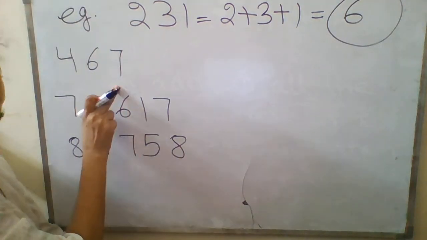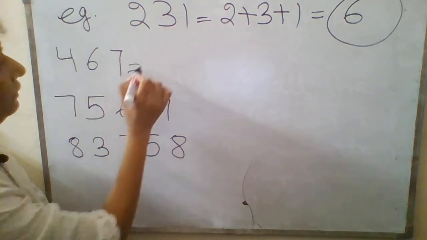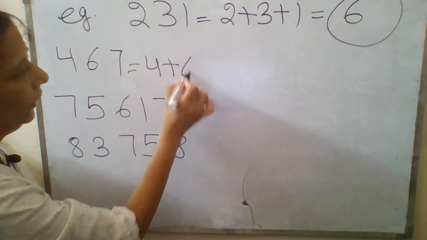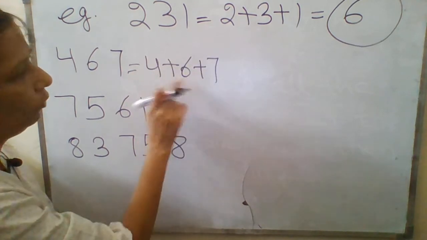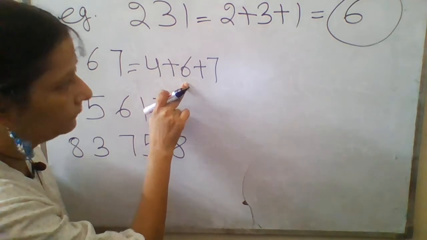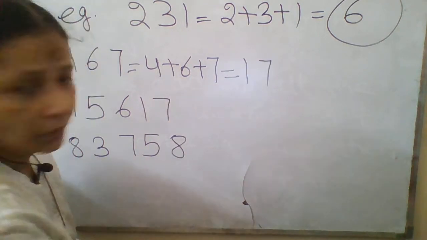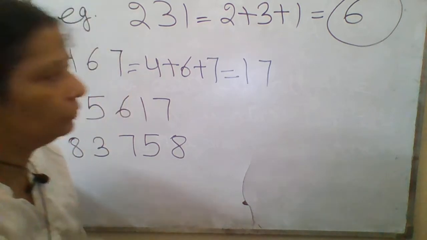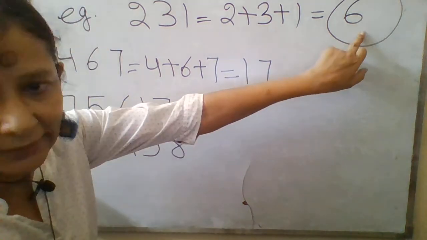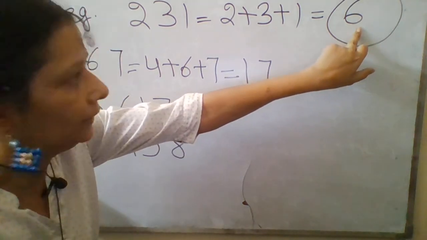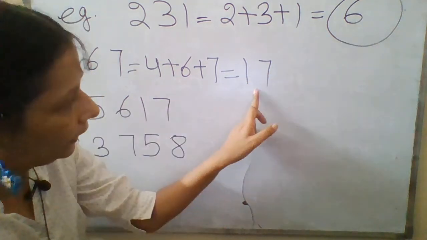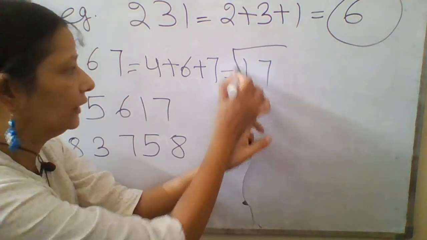Now in this, I will add all the digits. 4 plus 6 plus 7. 4 plus 6 is 10. 10 plus 7 is equal to 17. But I have told you, look at this example. Here you are getting a single digit, but here this is not a single digit.